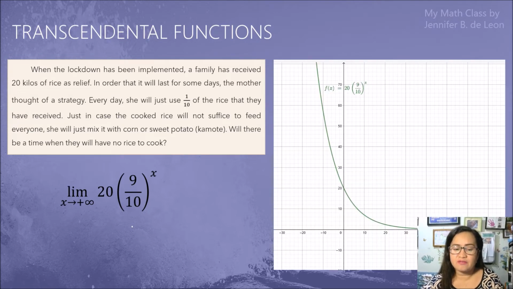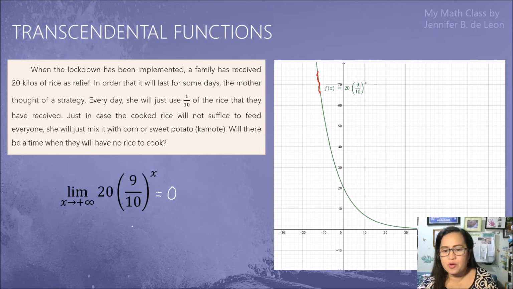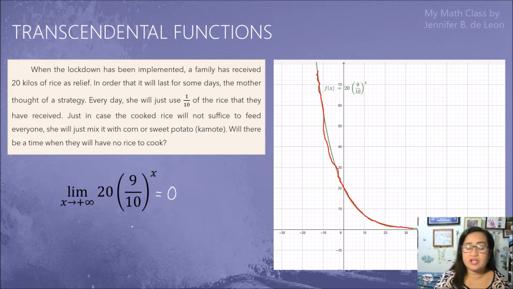Looking at the graph, let's confirm if the limit of 20 times the quantity 9 over 10 raised to x, as x approaches positive infinity, is really equal to 0. So if we trace the graph as x approaches positive infinity, or as x increases without bound, the value of the function gets closer and closer to 0.